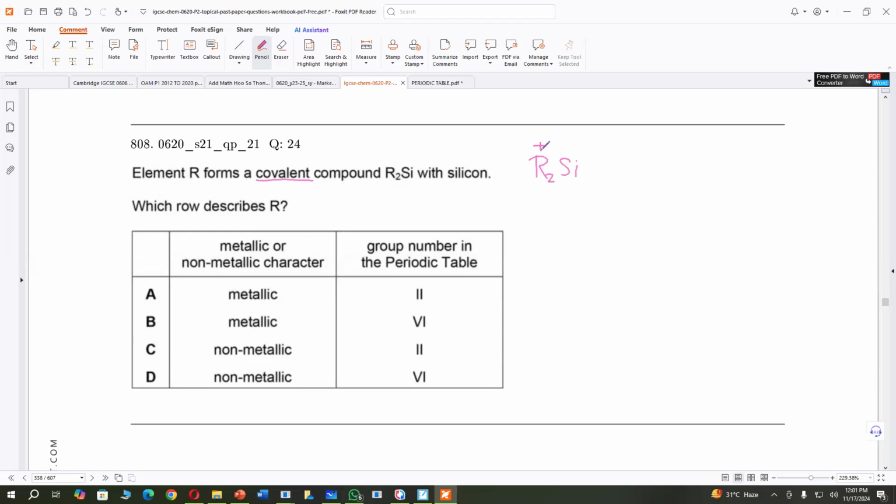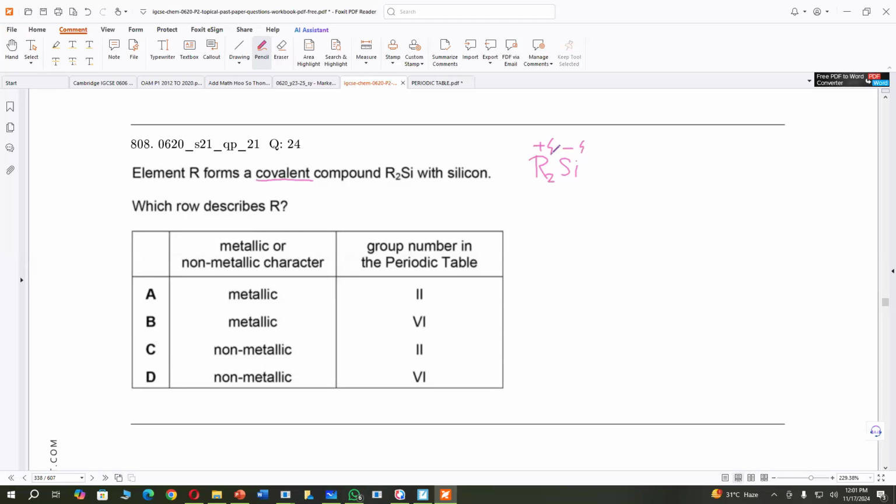We do not know R's number, but we know silicon's. There are two of them, so R is something with an oxidation state of +2.